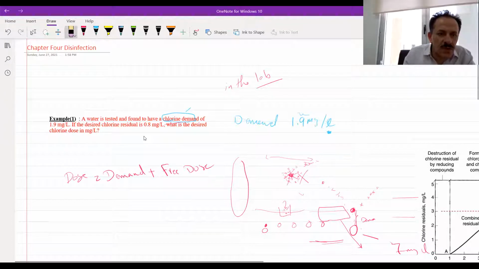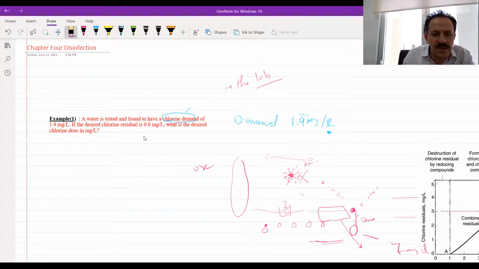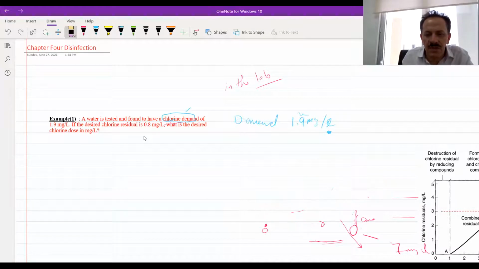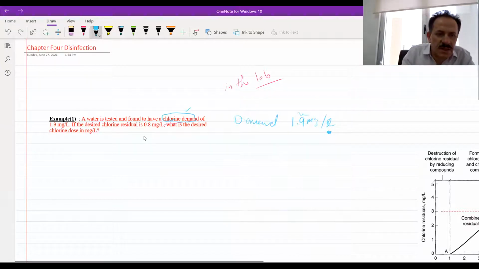Okay. Now, after killing the bacteria, we need to have a residual. This liter of water should have at least about 0.8. So 0.8 milligram per liter is needed to be free and available in any certain case.